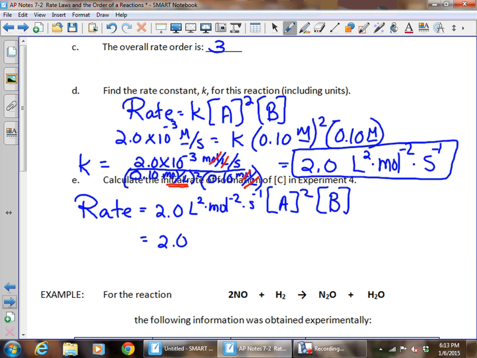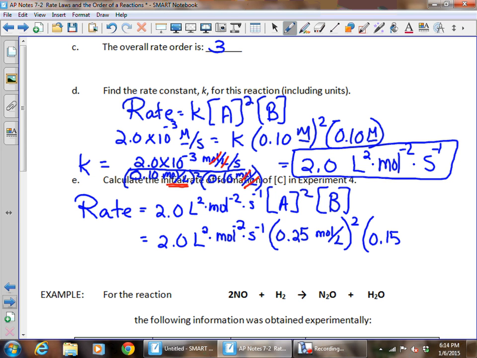So going back to this, I've got liters squared moles to negative 2 again, seconds to negative 1, times our concentration of A, which is 0.25 moles per liter squared, times 0.15.